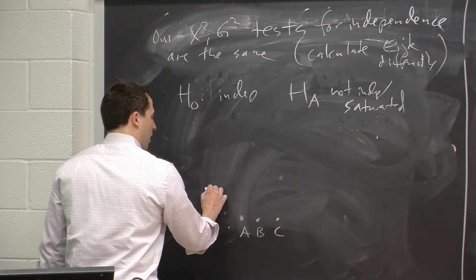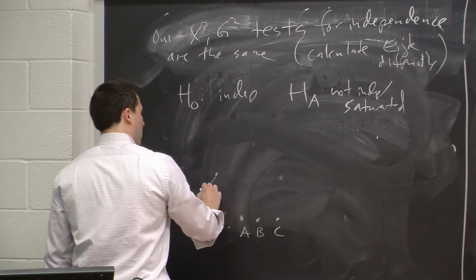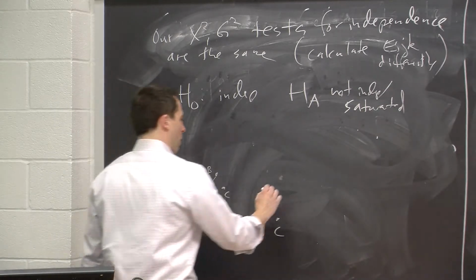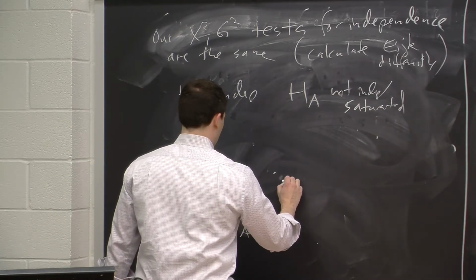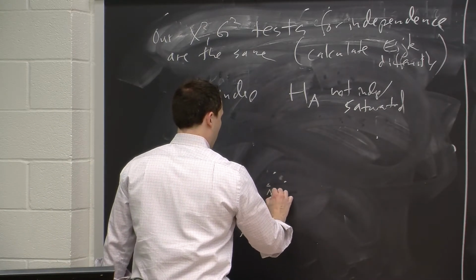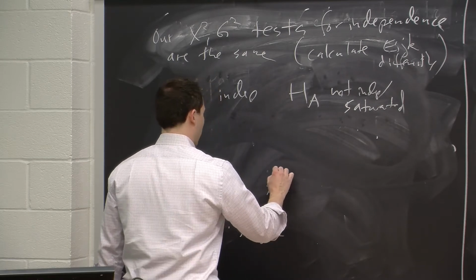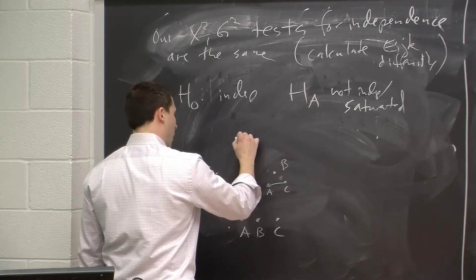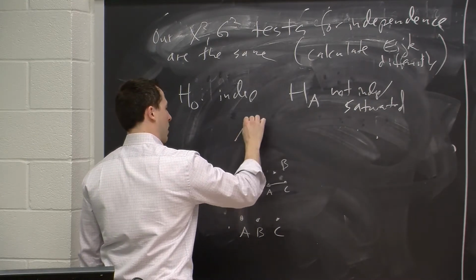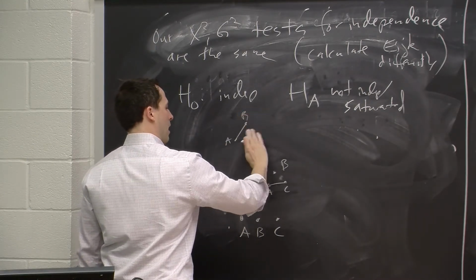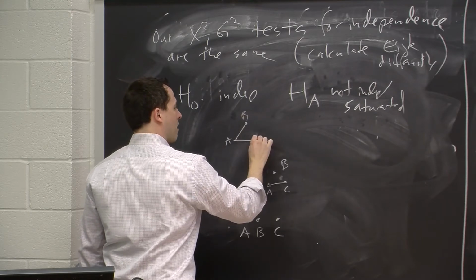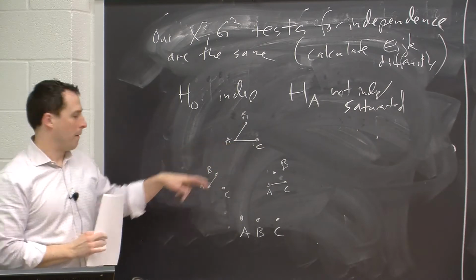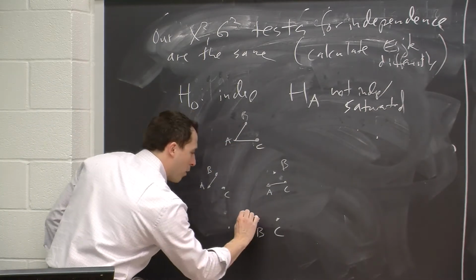I might have a model like A and B are somehow related, but they're independent of C. Or I might have another model like A and C are related, but they're independent of B. And then I could have another model entirely up here, which says A and B are related, and A and C are related, but not B and C, or the dependence between B and C goes through A.